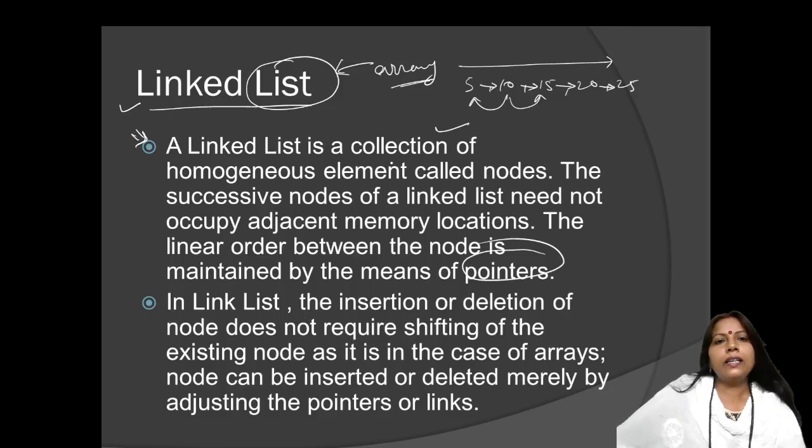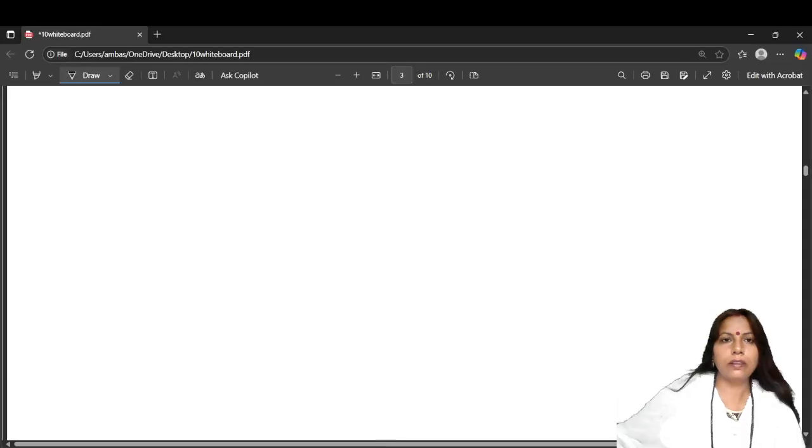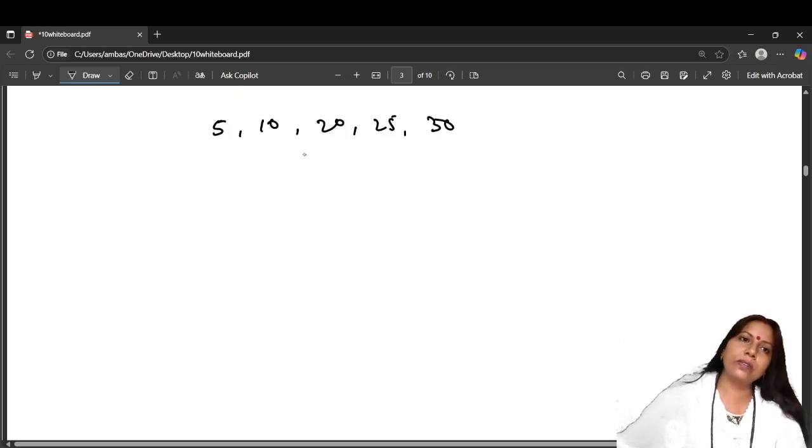Linked list is the collection of homogeneous elements called node. अब ये नोड क्या है तो चलिए समझते हैं. Suppose if you try to print elements value like 5, 10, 20, 25 and 30 like this. Okay.